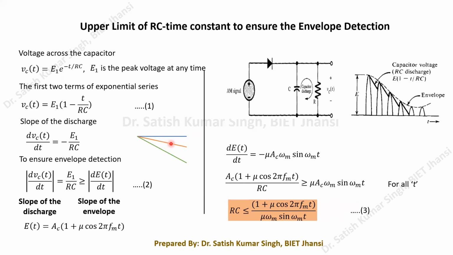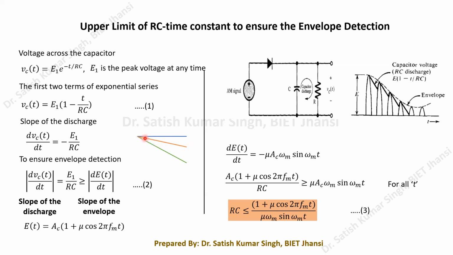Because we are talking about the magnitude, what we are saying is that the slope of this particular discharge should be greater than or equal to the slope of our envelope. Let us suppose this is the slope of our envelope. If we differentiate the envelope, it is similar to calculating the tangent of that curve.